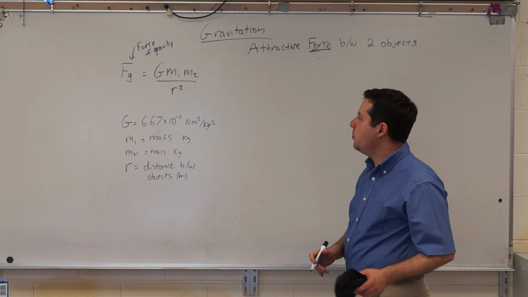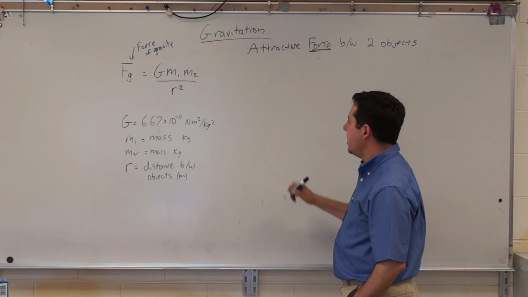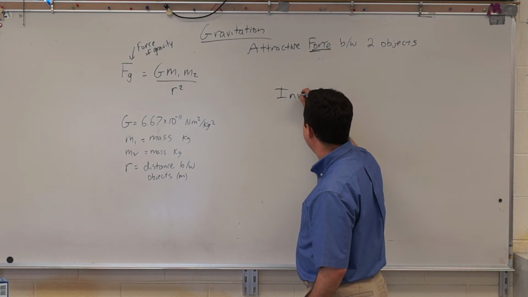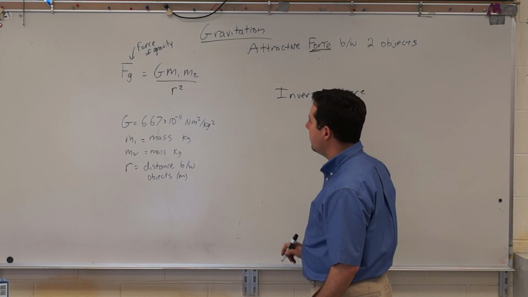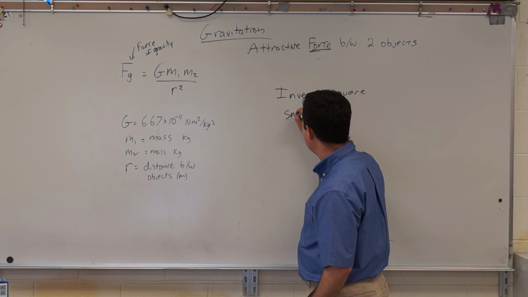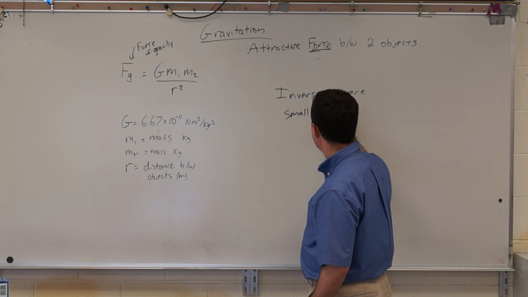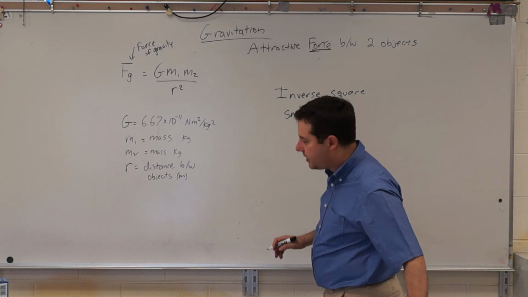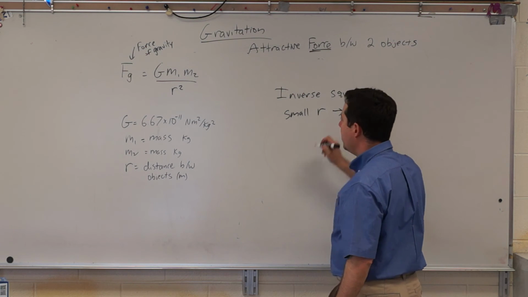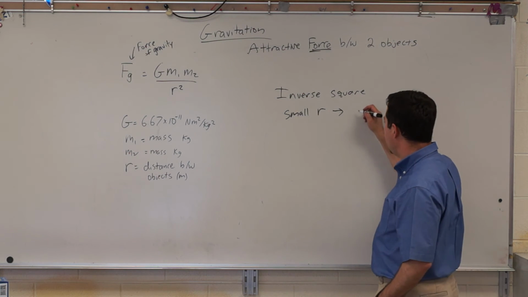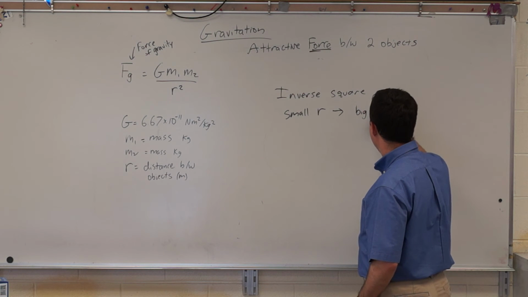Now, a couple things to keep in mind. This is an inverse square law, meaning a small radius, or small distance, I should say, I'm just going to say small r, meaning you are very close to another object, gives you a big force.